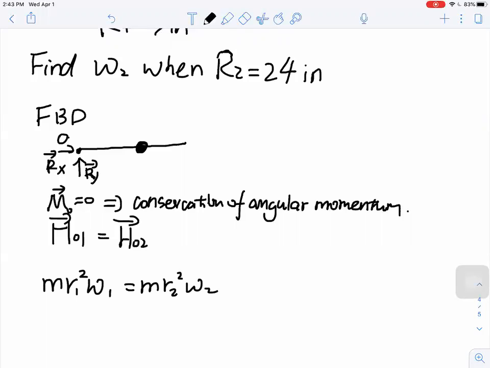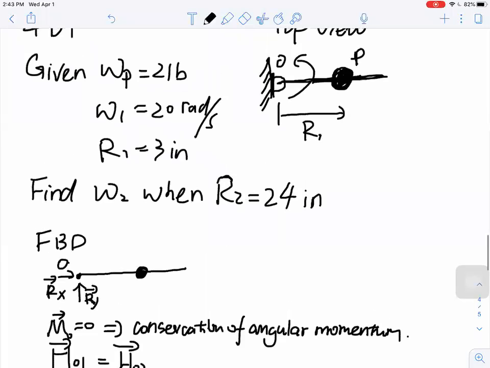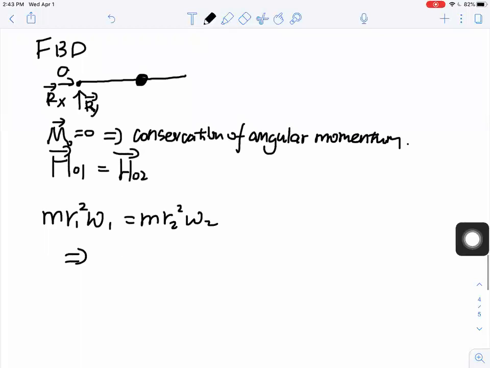We can find the angular velocity at position 2, since this is what we're trying to find: what's the angular velocity at this new position when r2 equals 24 inches? So omega 2 equals r1 square over r2 square times omega 1.